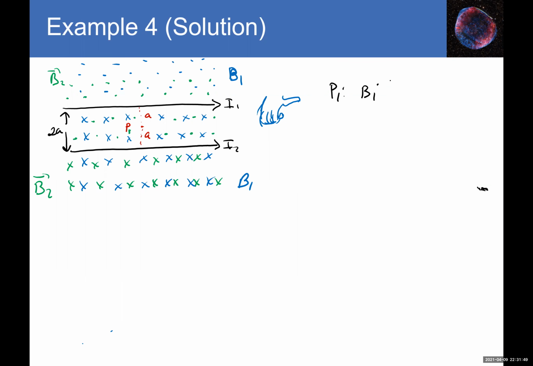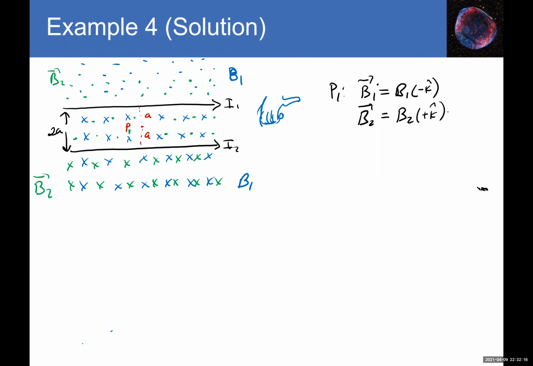Sorry guys, having difficulty writing on the screen for some reason. And then magnetic field 2 will also be present at point P1, but it's going to be out of the page. That means this is going to be B2 plus K hat.